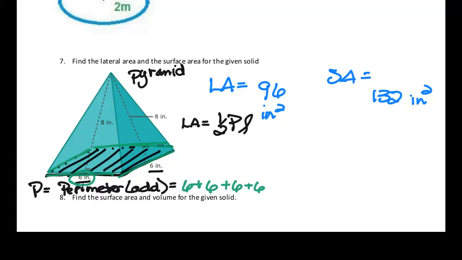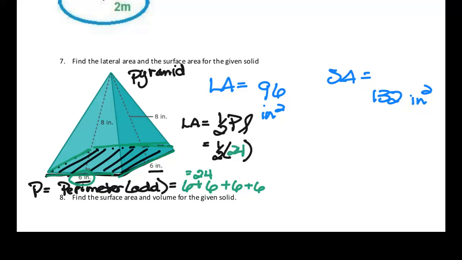So 6 plus 6 plus 6 plus 6, or 6 times 4, gives you a perimeter of 24. So as I put in my numbers, 1/2 is going to stay the same. My perimeter, where you add up all the sides of that base, is 24.